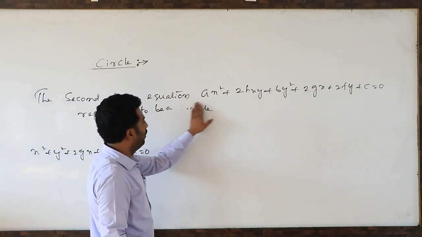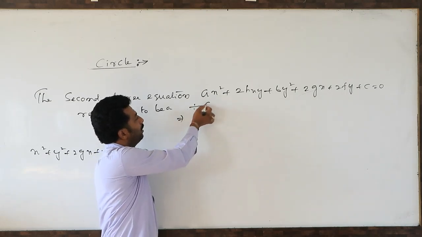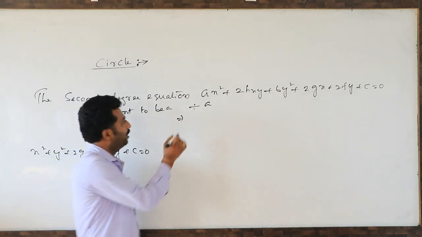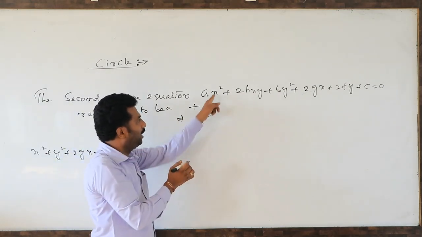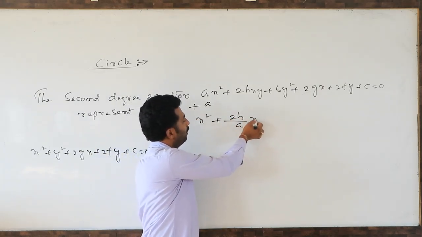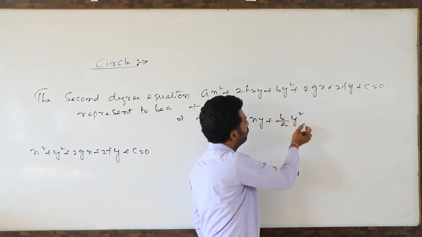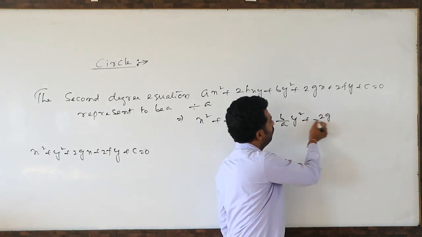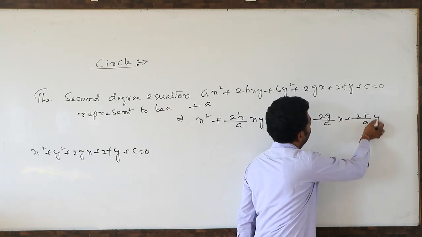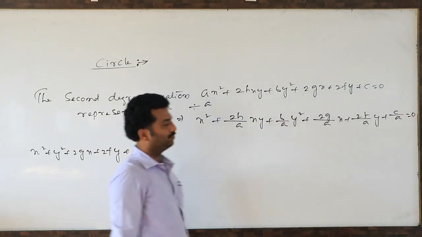How to convert: just observe, divide both sides by a, means throughout this equation divided by a. So divided by a, what will we get? X square plus 2h by a xy plus b by a into y square plus 2g by a into x plus 2f by a into y plus c divided by a equal to 0.